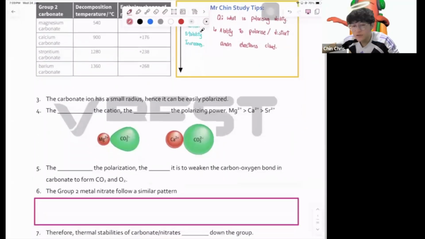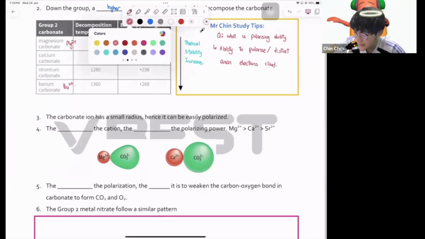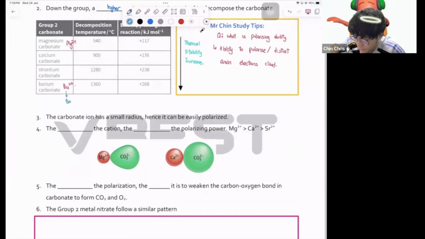Alright guys, next. Look at the carbonate ion. If you compare magnesium versus barium, we have Mg2+ and Ba2+. As you can see, Ba2+ has the biggest ionic radius. So when you have a big ionic radius, what happens to the polarizing ability? You have a very weak polarizing ability. When you have this weak polarizing ability, what happens to the anion?